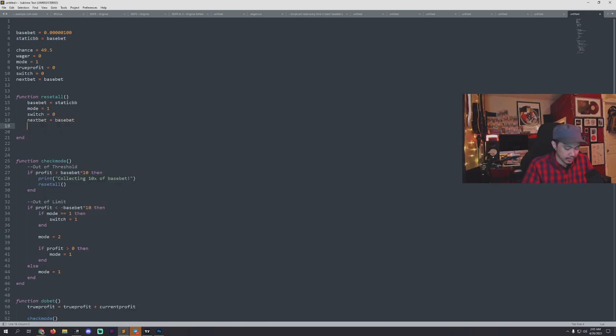Okay. And then here we might as well do some prints too, because we're here, right? So we're going to print out the true profit here every time it makes a profit, and then we're also going to print out wager.